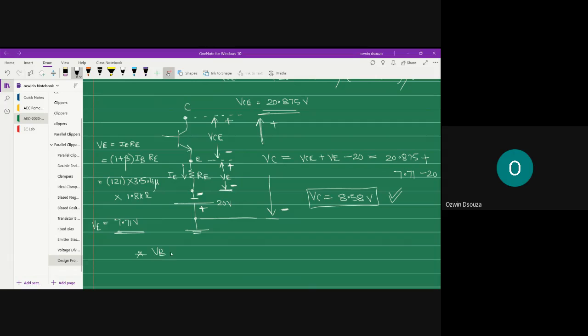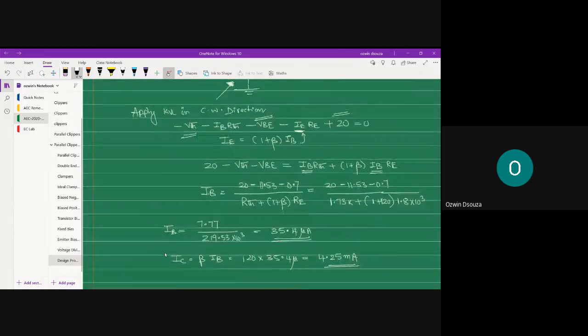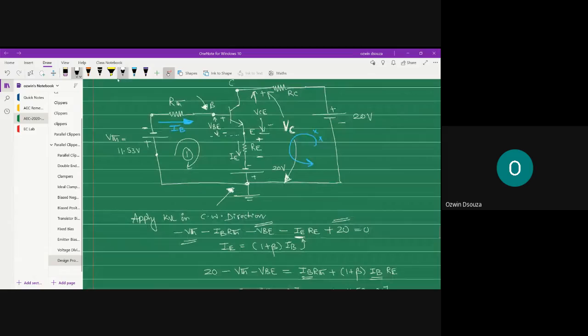Now we need to find out VB. Okay, VB is base to ground voltage. So what I will do, I will go back to the main circuit. Let me erase this and let me write VB. So VB is base to ground.